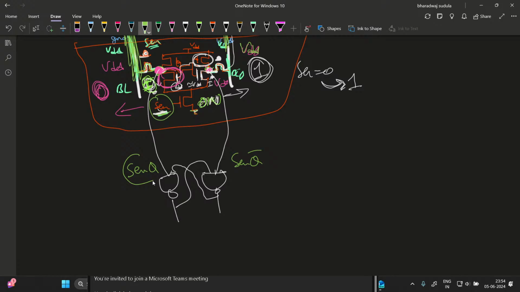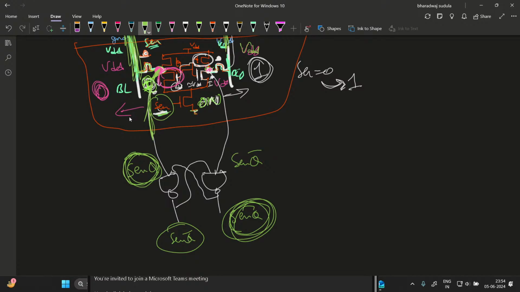I want this node as my output. If this is the information that you want, then that will be reflected here, and this is reflected here. So you take this as your output.